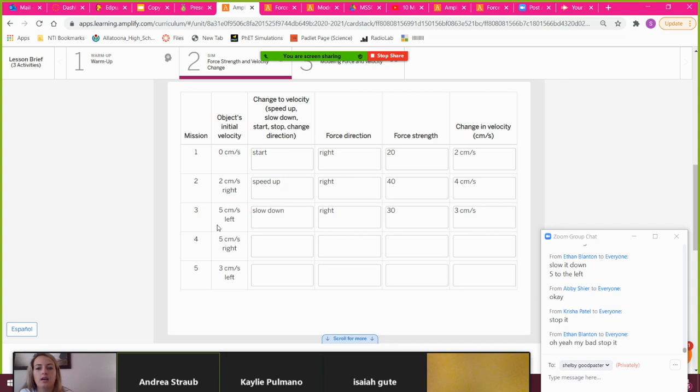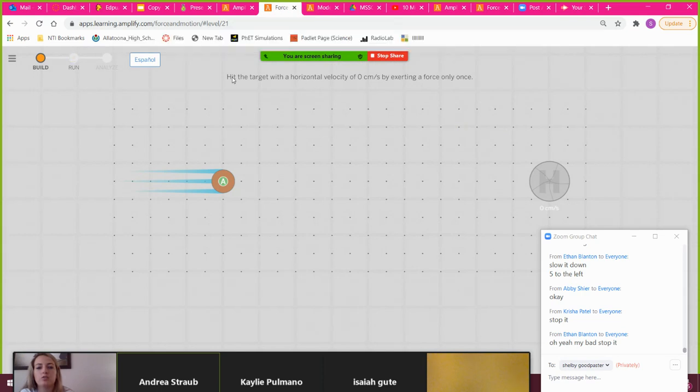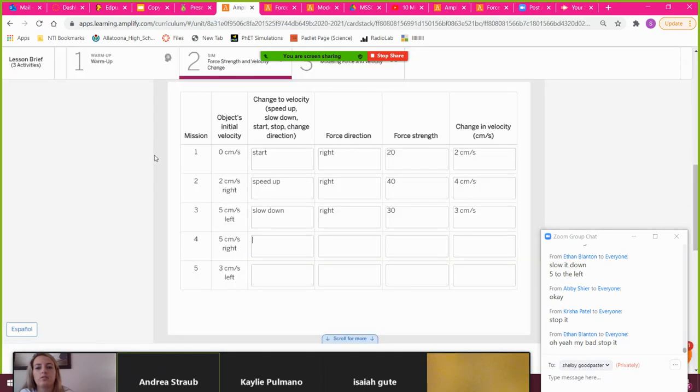If the initial velocity is 5 centimeters per second to the right, and our mission is to hit the target at 0 centimeters per second, what do you think we need to do to this object? Do we need to speed it up, slow it down, start it, stop it, or change the direction of it?